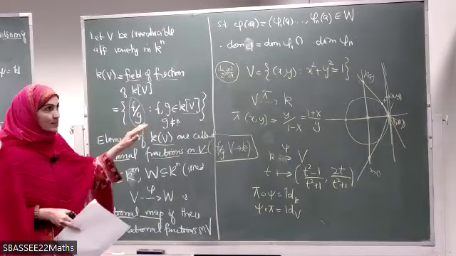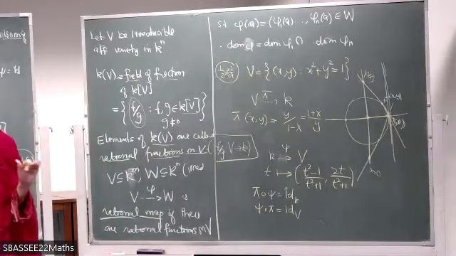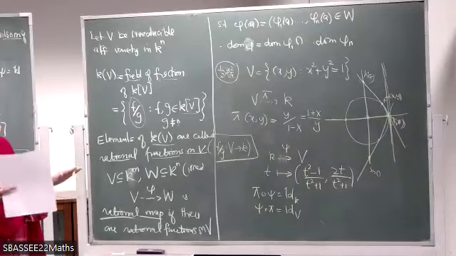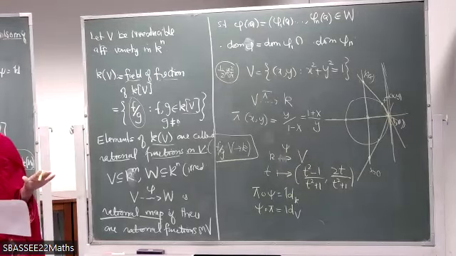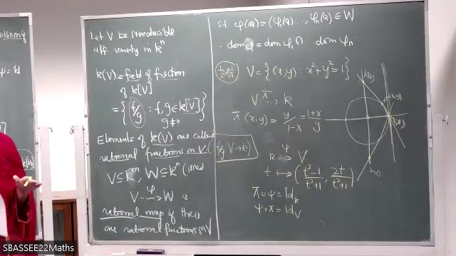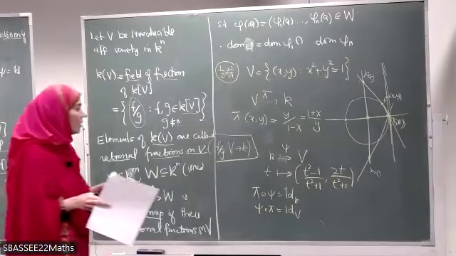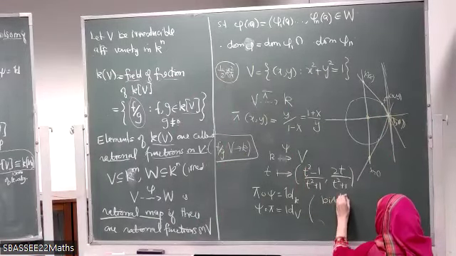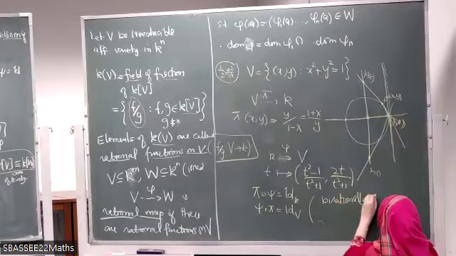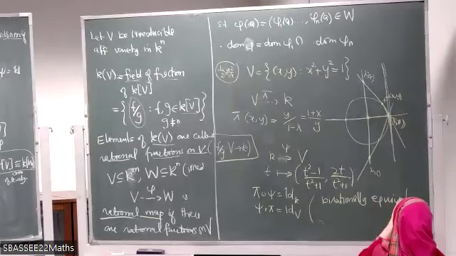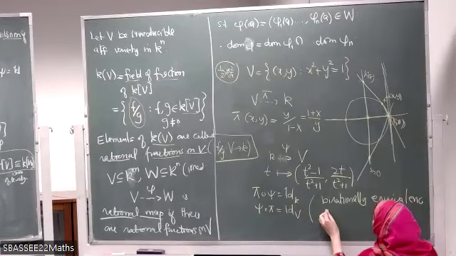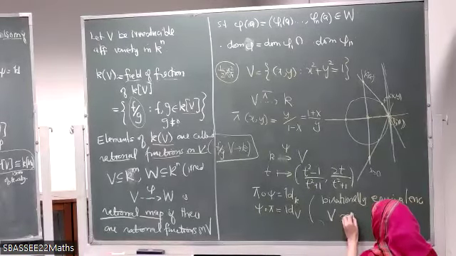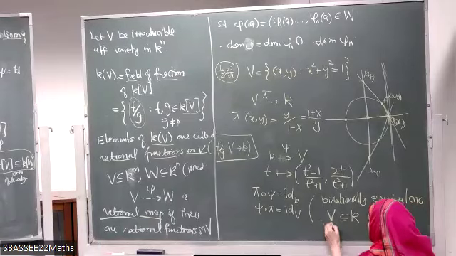Okay, what I have shown here is an isomorphism, but it's not really an isomorphism of regular maps. It is an isomorphism which we call birational equivalence, right? Because these are defined through rational maps, that's why they are called birationally equivalent. And we say that V and K are birationally equivalent.